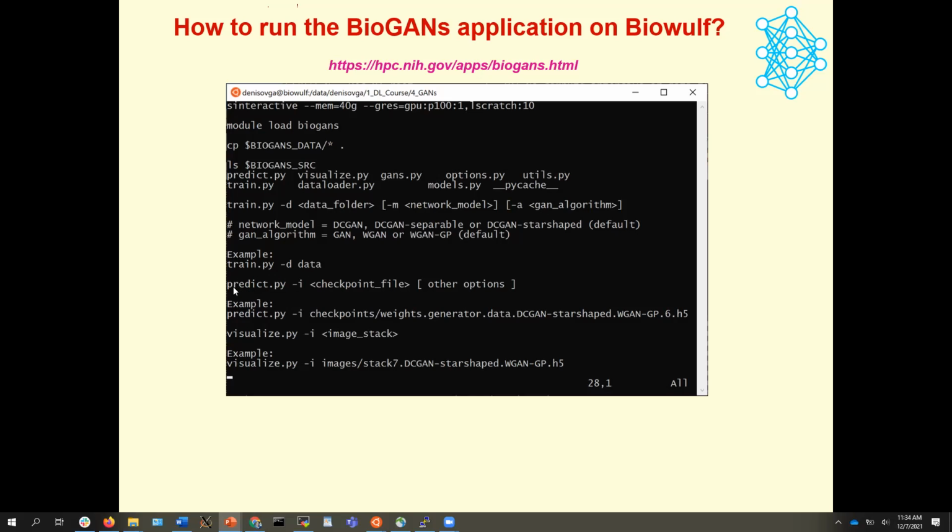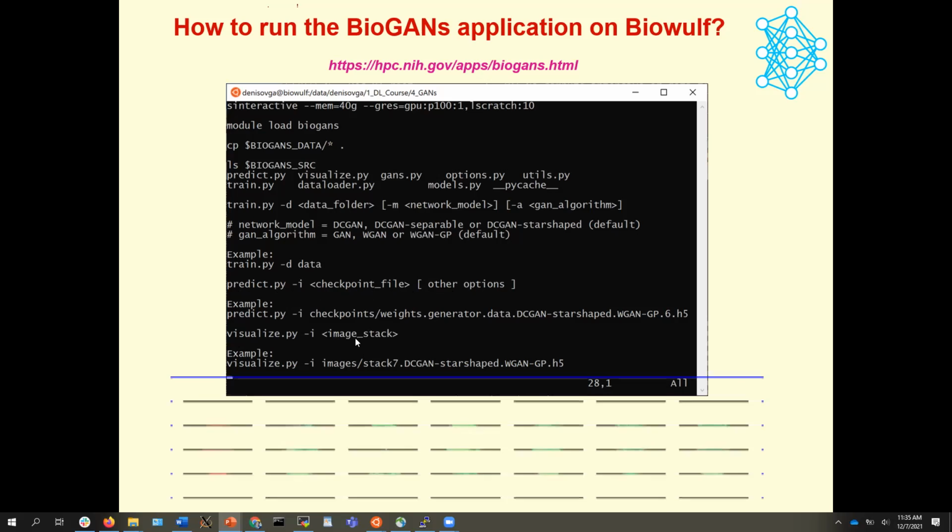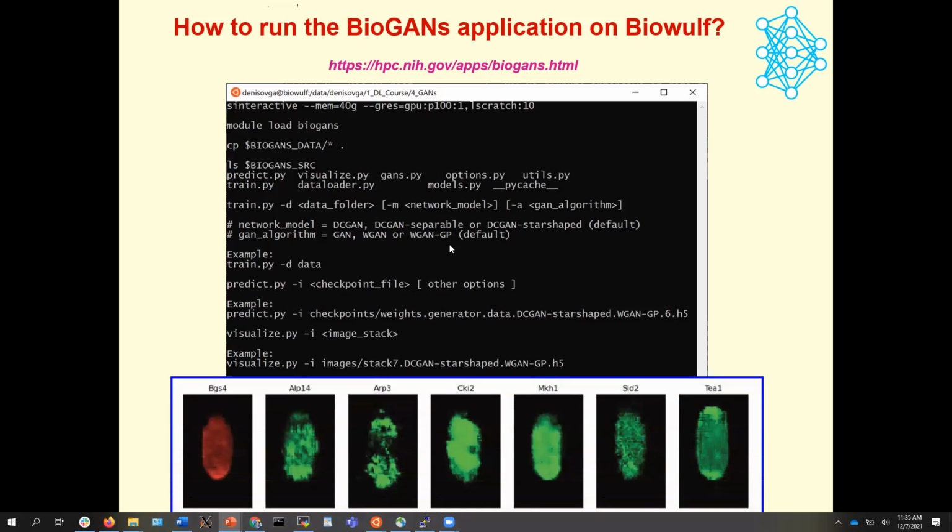Then you run the predict executable and pass it with the -i option a checkpoint file for the generator, and it will produce an image stack. And then you can run the visualize executable and visualize the images in that stack. If we use the star-shaped architecture and the WGAN algorithm, the output will look like this.